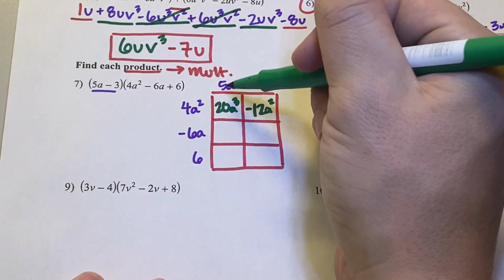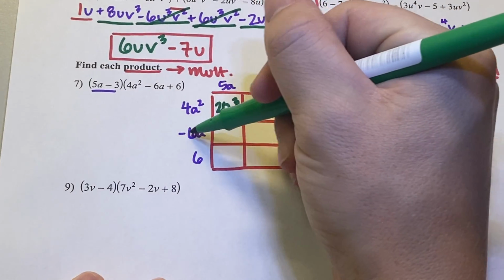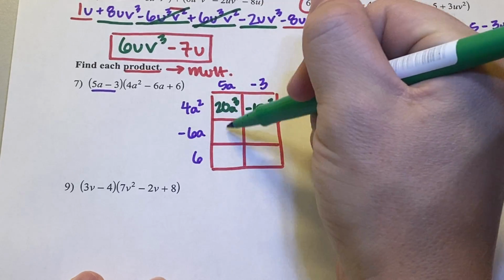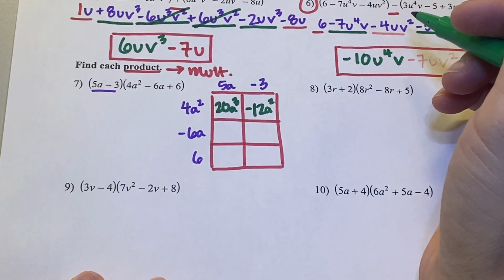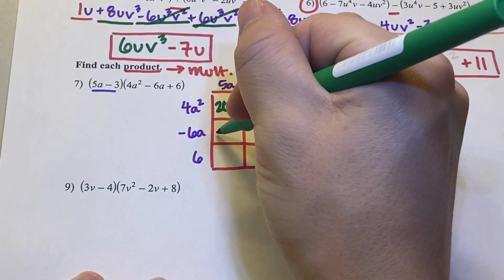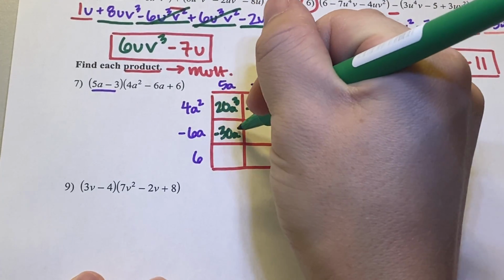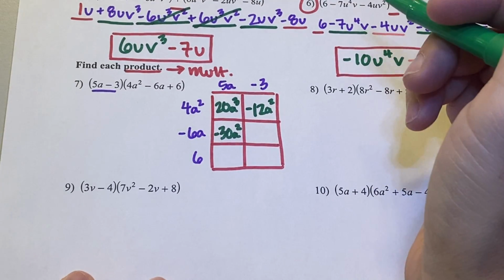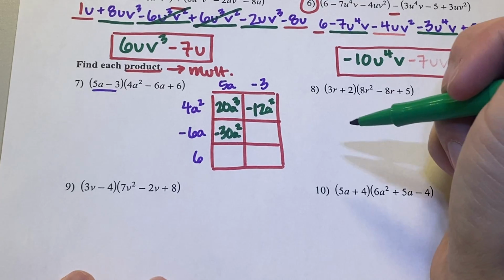Okay, next box, 5a times -6a. -30a squared. Thank you, Kaylee. The rest of you guys not answering, you better know how she's getting these numbers, or else I'm going to make it so she can't answer anymore.